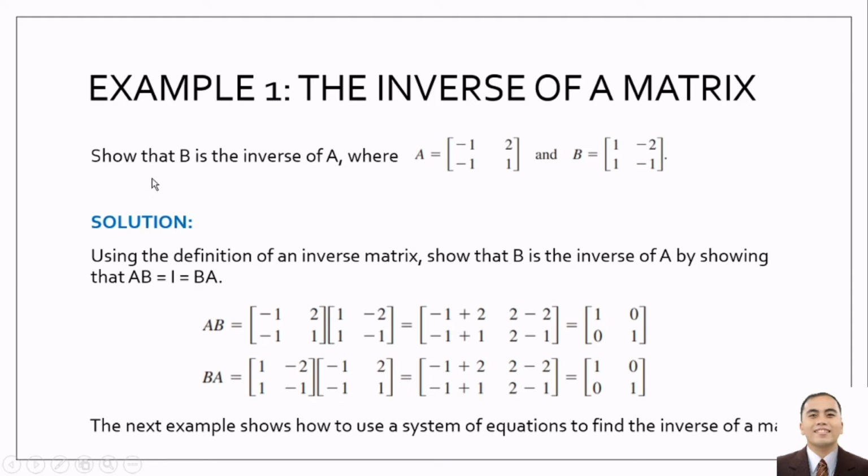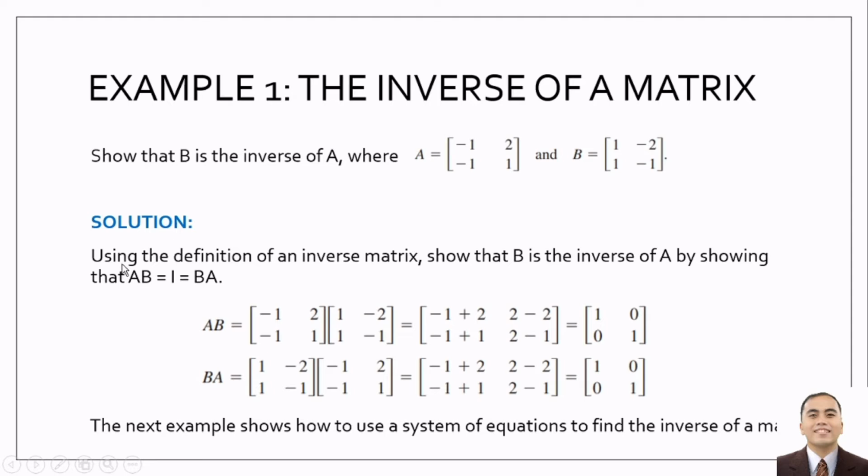Show that B is the inverse of A, where A = [-1, 2; -1, 1] and matrix B = [1, -2; 1, -1].